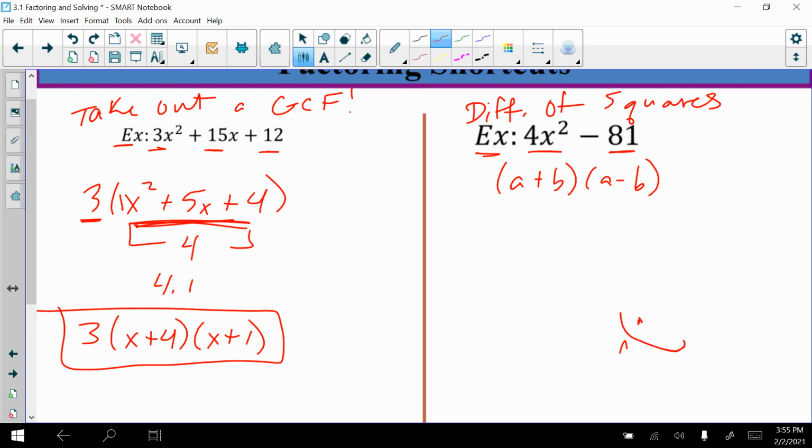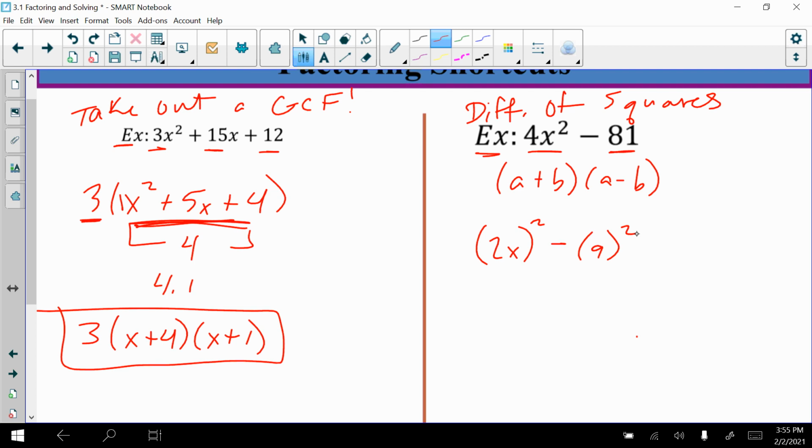And how can I rewrite 81 as something being squared? Well, 4x squared, I could think of that as 2x squared, right? If I did 2x times 2x, that would get me 4x squared. And I could think of 81 as obviously 9 squared.